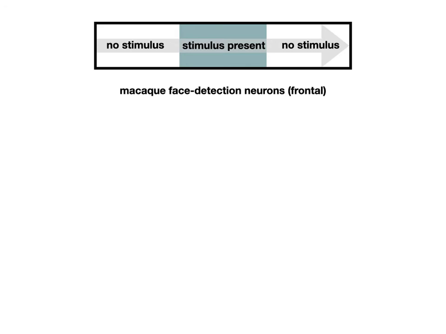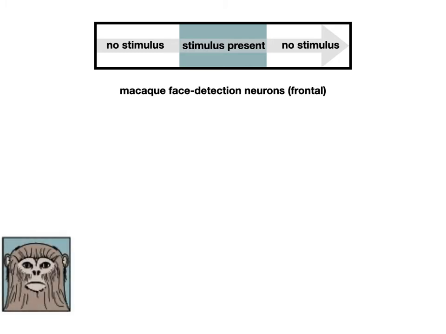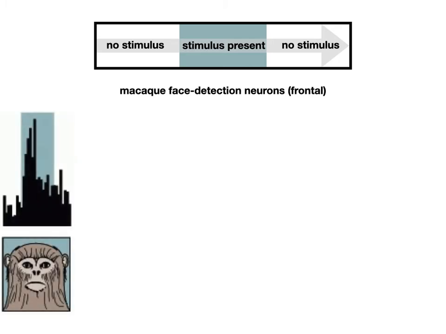For frontal, when you present a macaque with this image, we get great activation in that set of neurons. They say, oh, there's a face. I like face. Face is good for this neuron. This neuron is tuned to this combination of features.